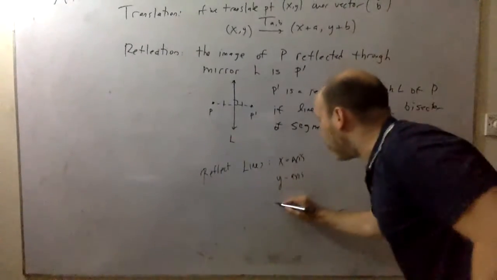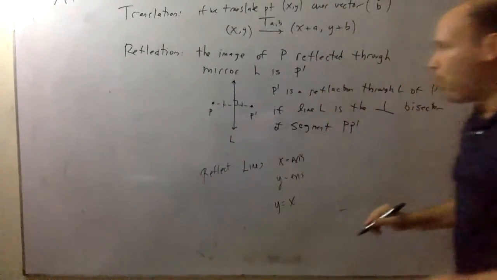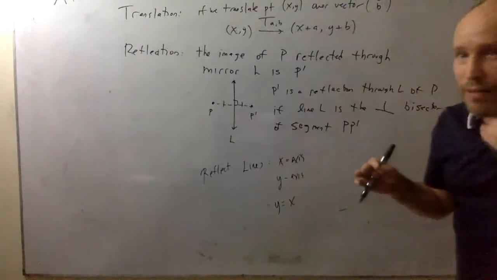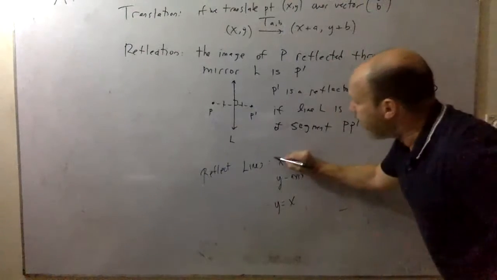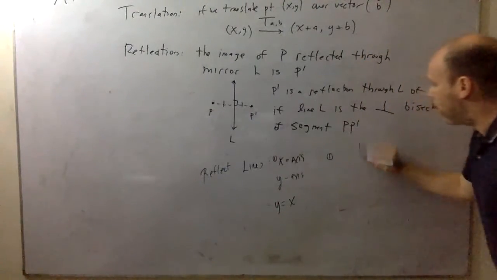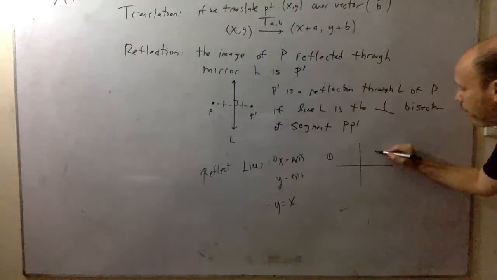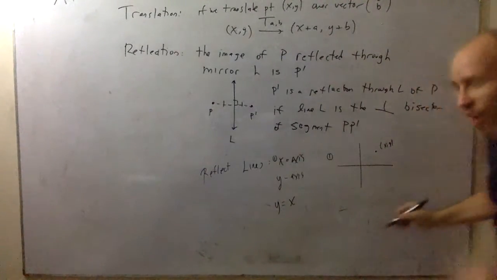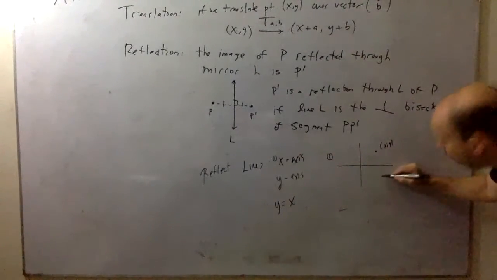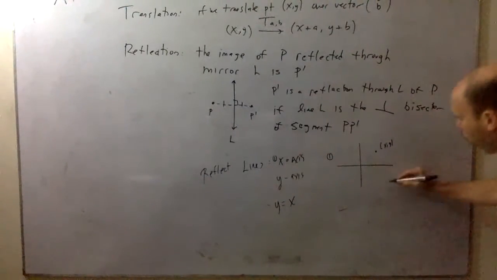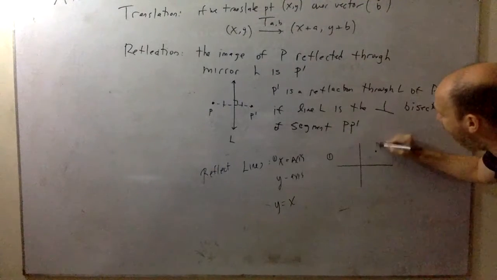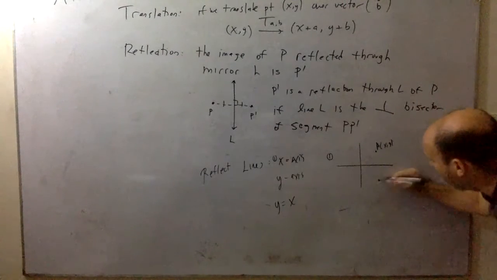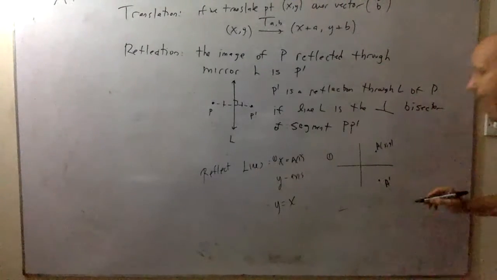most importantly, the line y equals x. Once again, this is a mathematical reality. Let's take the first case, the x-axis. If we take a point (x, y) and reflect it through the x-axis, we visually know the reflection is down here.